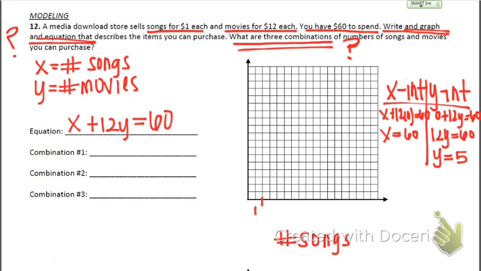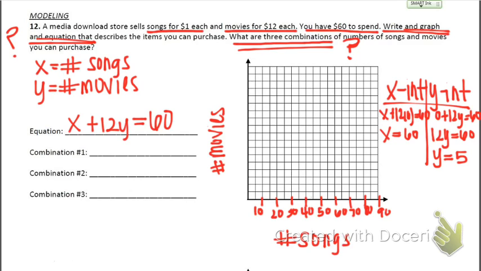So every other one is by 10. 30, 40, 50, 60. And then 90. And the y-axis is our number of movies. So you are expected to label, and it is worth points on the test.